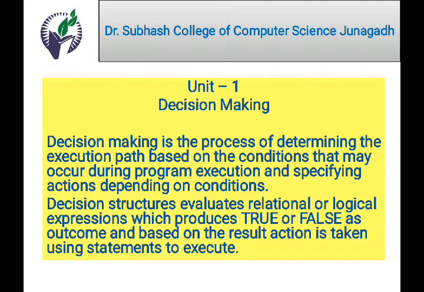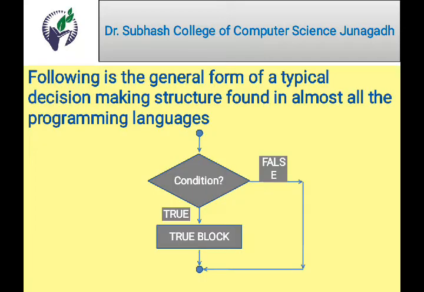Here is the general form of a typical decision making structure that is found in almost all programming languages. Whenever the control enters into decision making, some condition is tested. If it is evaluated to true, we have to follow this path, and the true block or actions or statement block will be executed, and then we will come out from the entire decision structure.